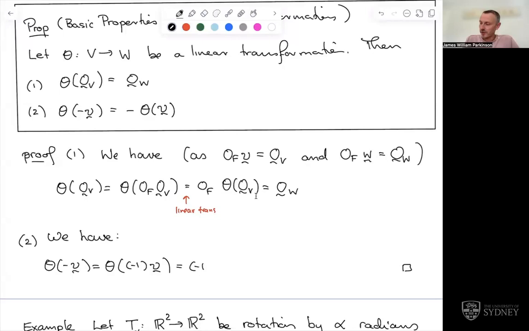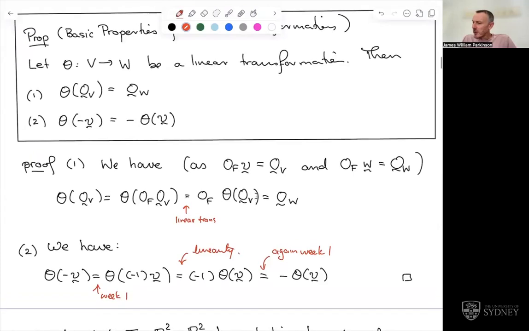And that's minus 1 of theta of V. And again, using that same fact we proved in week 1, that's minus theta of V. So these two things are week 1, and this one is the linearity. Okay, good. Linear transformations map 0 to 0, and they map the additive inverse to the additive inverse.